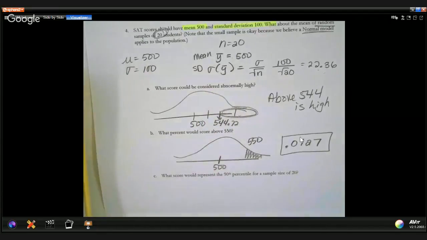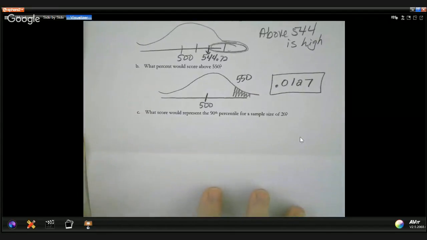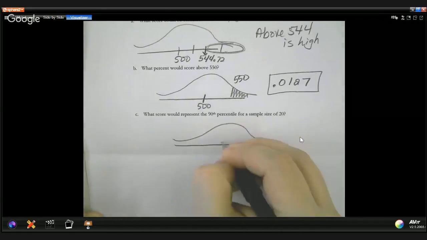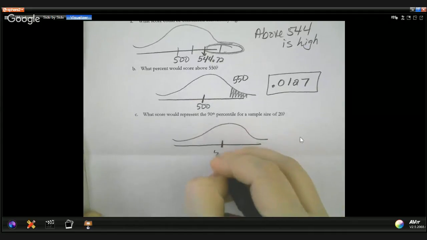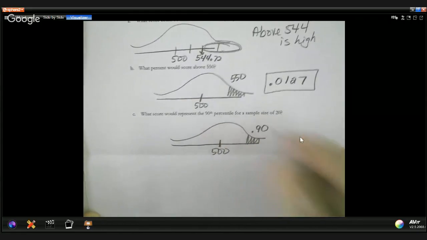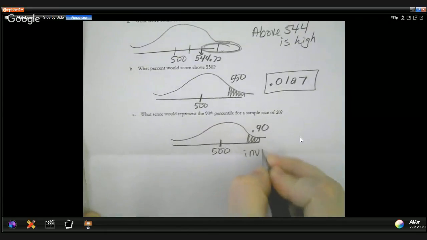All right, let's look at the next one. What score would represent the 90th percentile? So I still have my mean. And the 90th percentile is up here. But this time what I'm going to do is I'm going to do my inverse norm.